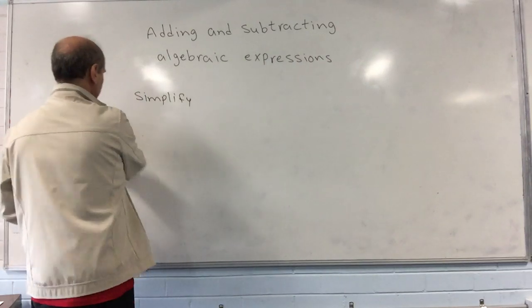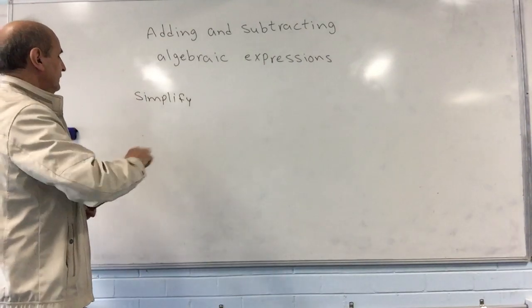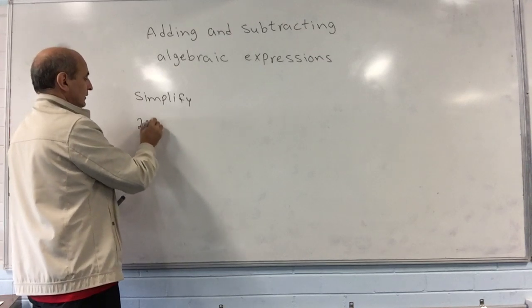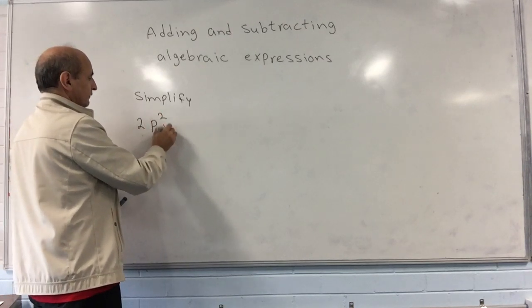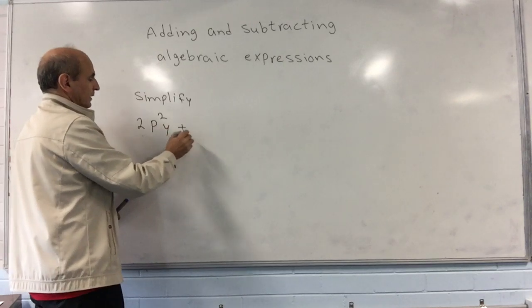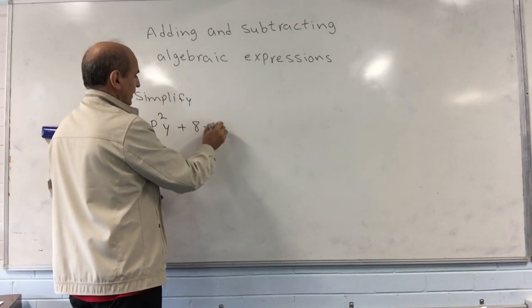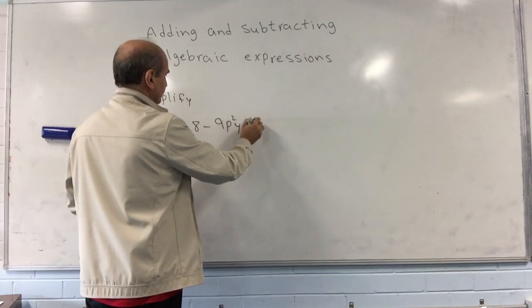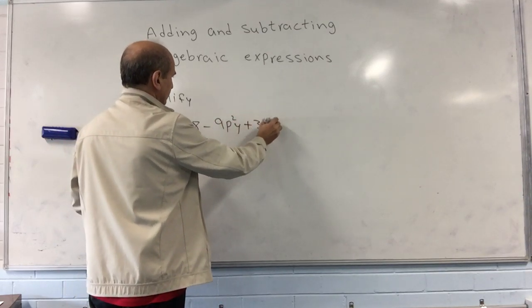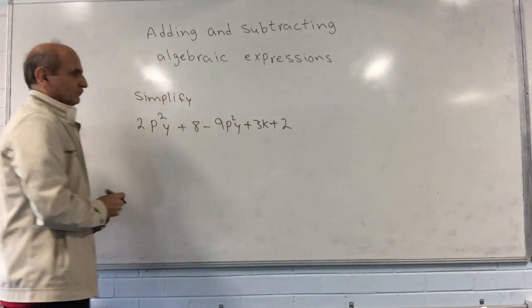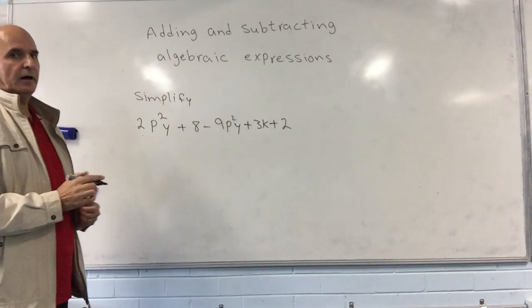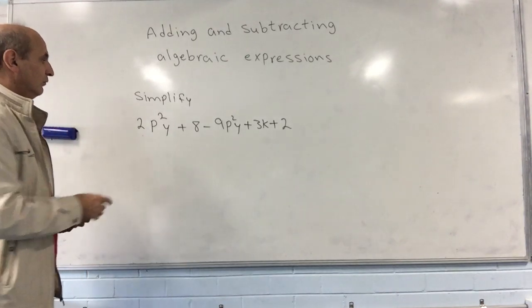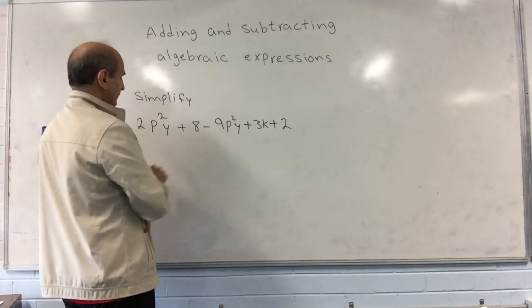As another example, say they tell us to simplify 2p squared y plus 8 minus 9p squared y plus 3k plus 2. Again, our first action is to look at the like terms.